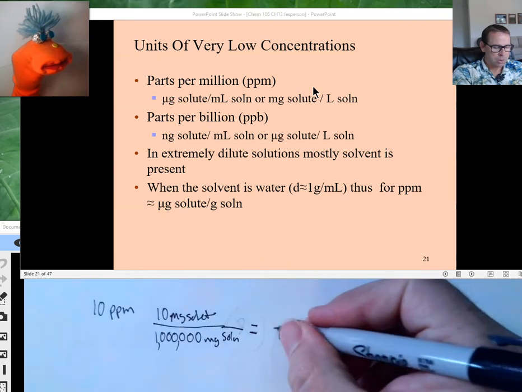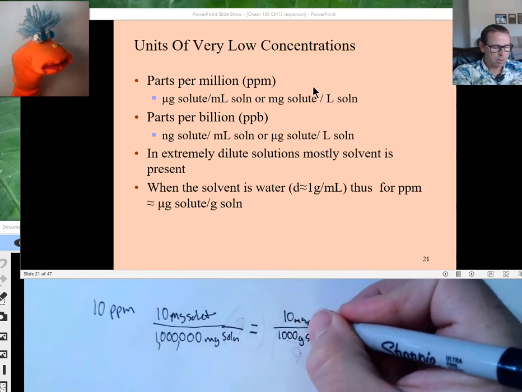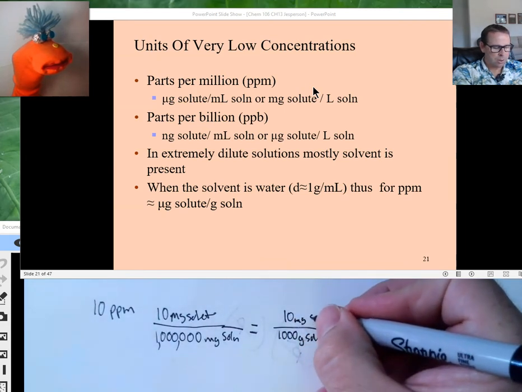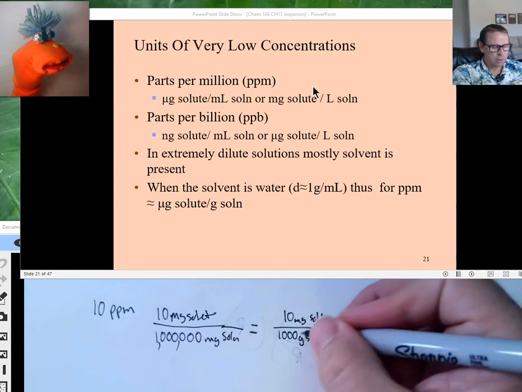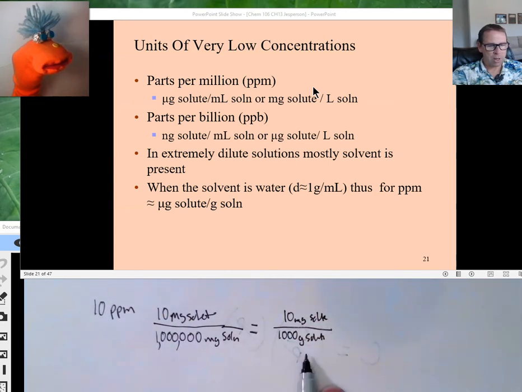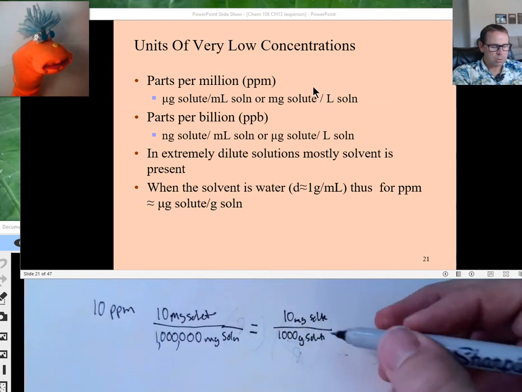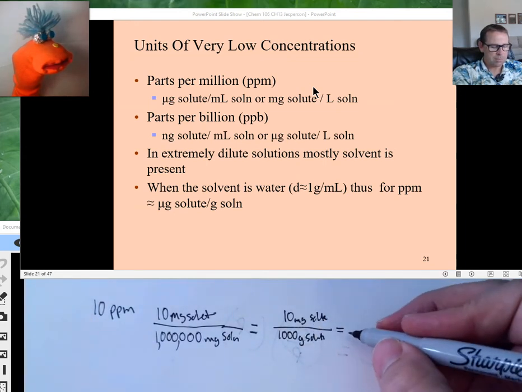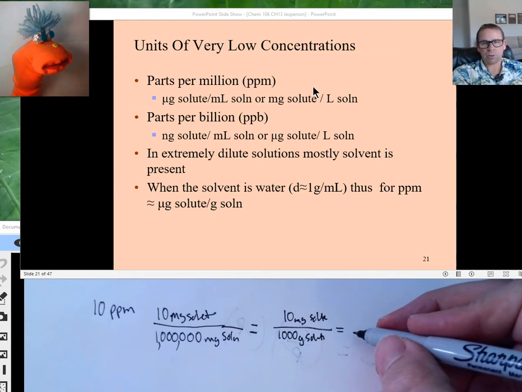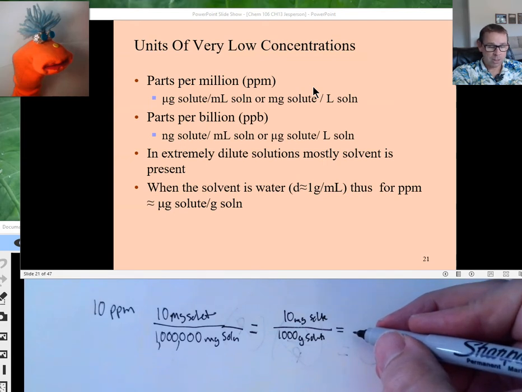So 10 milligrams of solute for 1,000 grams of solution. If I have a solution that's very close to the density of water, 1 gram is 1 milliliter.